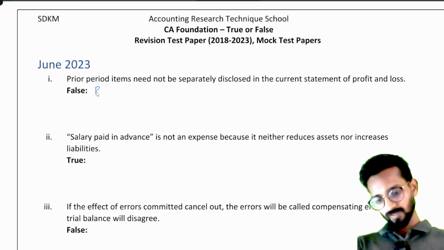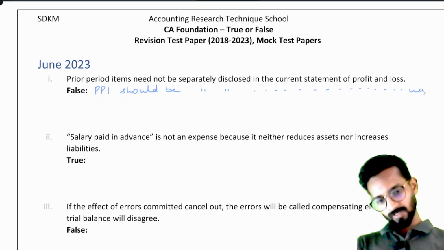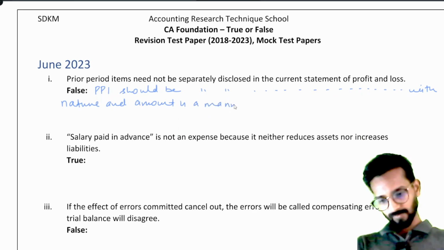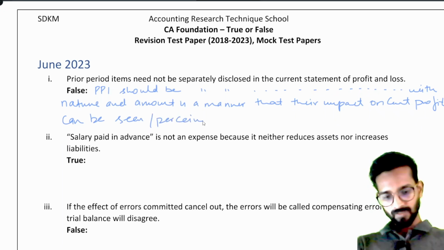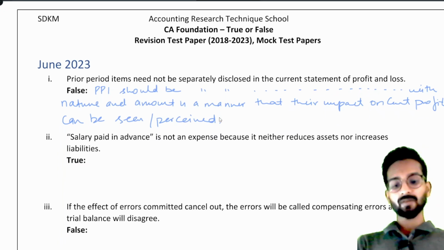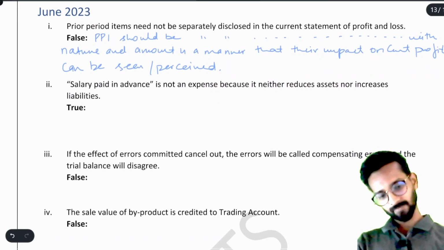So the statement is false because PPI should be separately disclosed in the current statement of profit and loss with the nature and amount in a manner that their impact on current profit can be seen, or you can say can be perceived. Brother, we should know how much effect is being caused by prior period items on my current year's profit, understood? The next question we have here is salary paid in advance, discussed already.